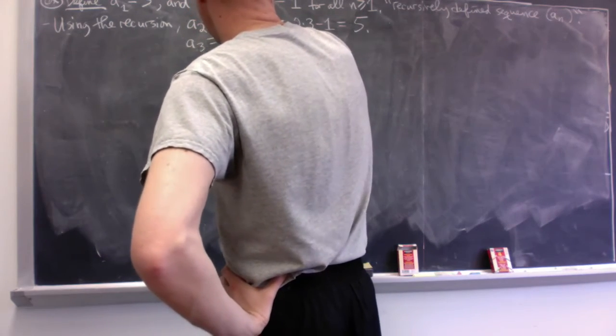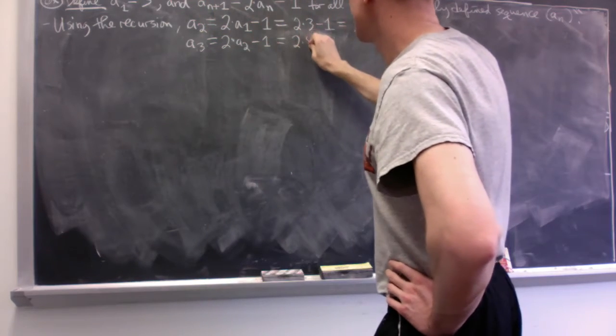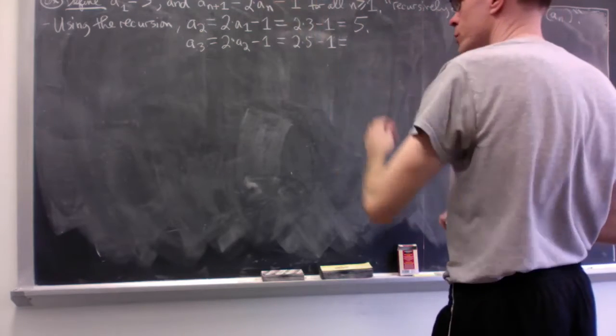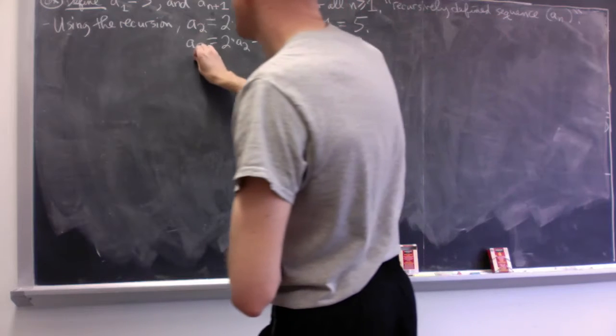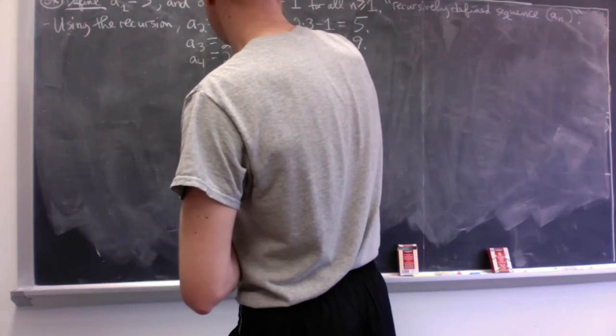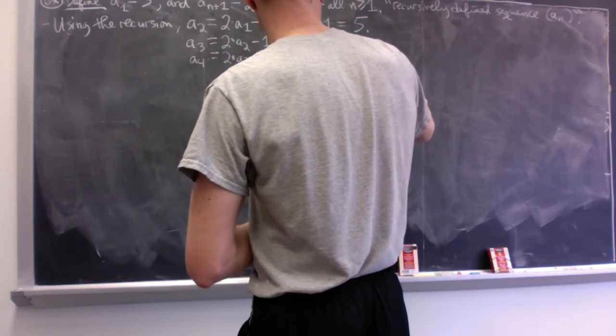And once you know that, well, you can get A3. By the very same recursion, 2 times 5 minus 1 is 9. You can get A4. So 17.